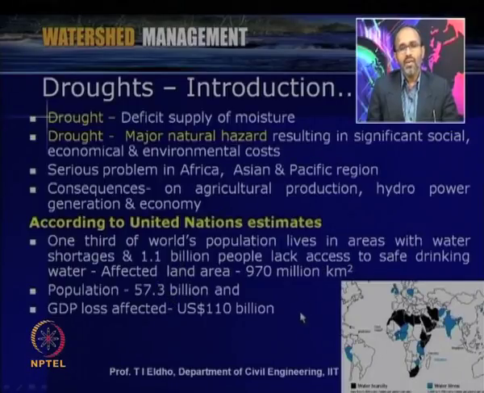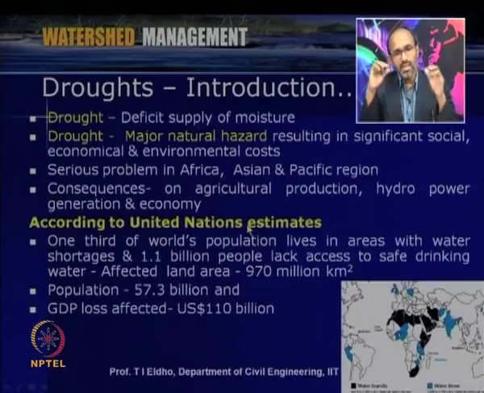Almost about 970 million square kilometer area is water stressed. On an annual basis, about 60 billion people are affected due to droughts, and there is a gross domestic product loss of about 110 billion US dollars annually.